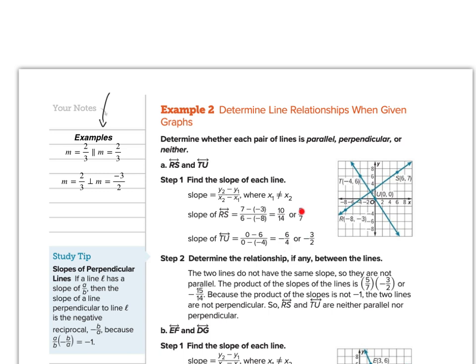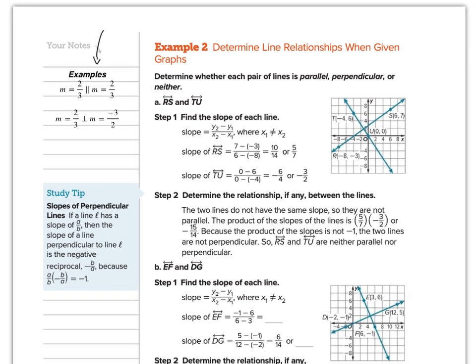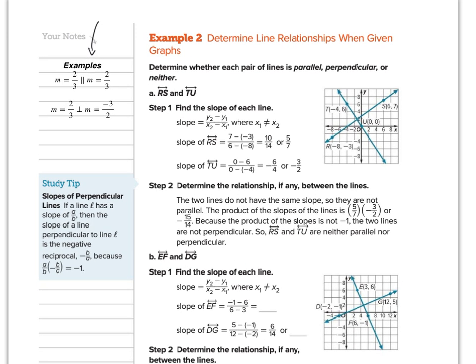And then when I simplify the two fractions and multiply them together, and they do that here, remember, you multiply straight across, so 15 over 14, and there's a negative there, so it would be -15 over 14. That does not equal -1, so therefore they are not perpendicular either. So they fall into the neither category. They are neither parallel nor perpendicular.